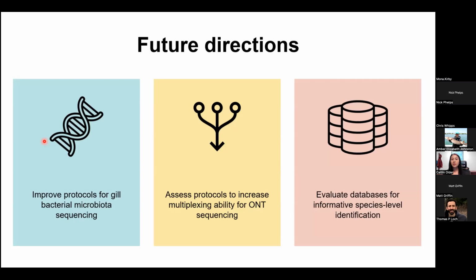And obviously, it would be nice to look at databases that have informative species-level identification that can correctly identify Ferrimonas salamarina. But I think what's really more important than these technical future directions is actually applying these to problems of importance to catfish farming and farming of other fish species.